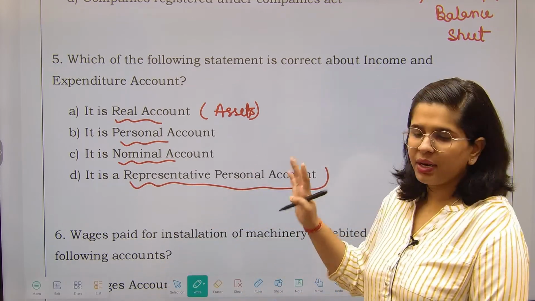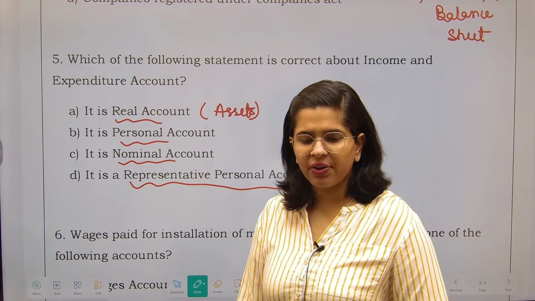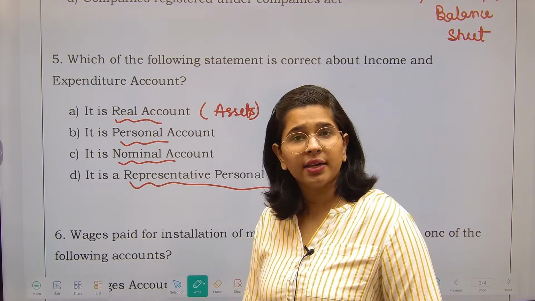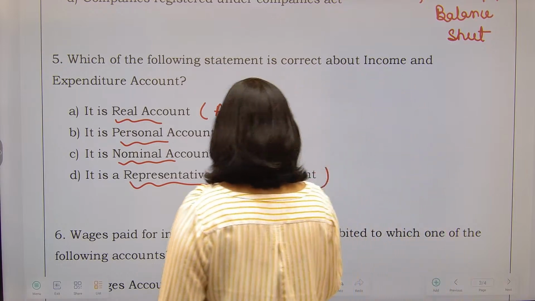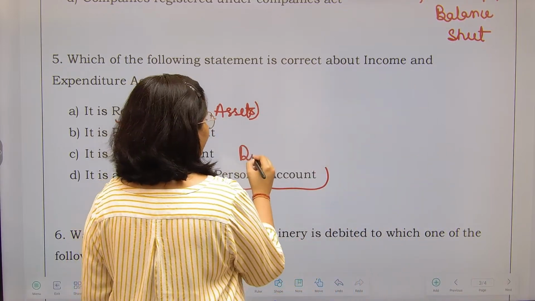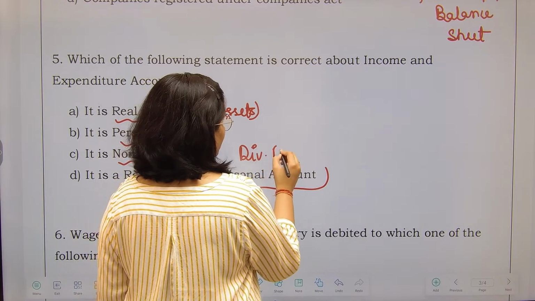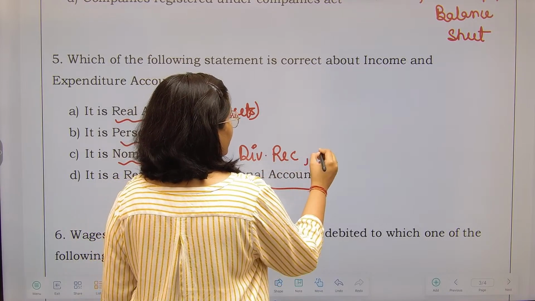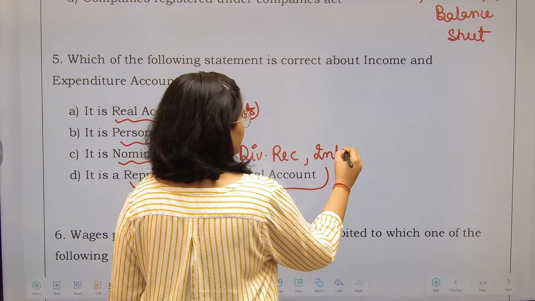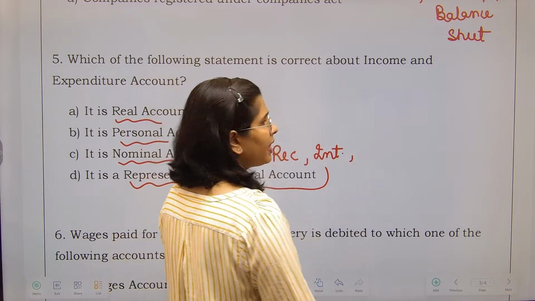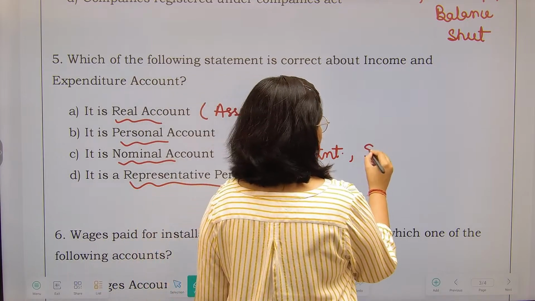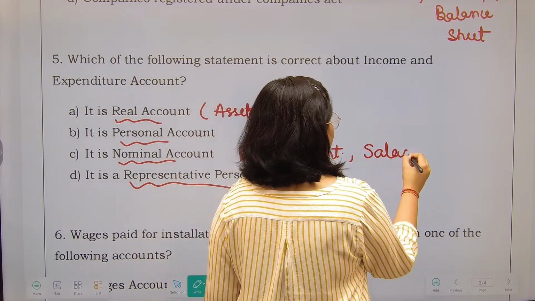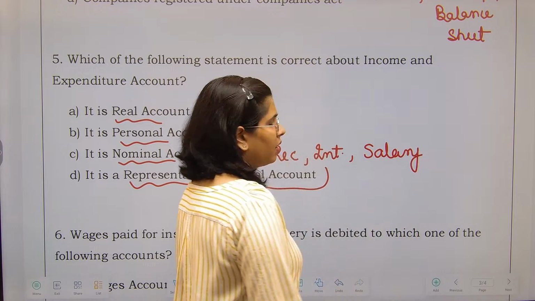And what are your nominal accounts? Nominal accounts generally get closed within a year. Such accounts are like your expenses, your incomes. Suppose dividend received, this is an income account, fine. Interest, this is an expense. What else do we have in the form of expense? Salary, right?